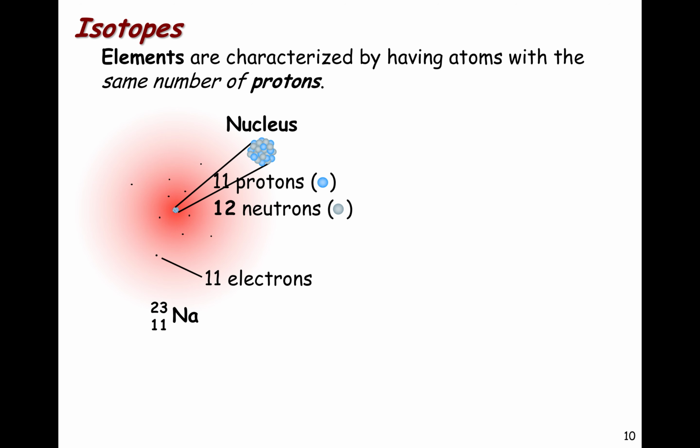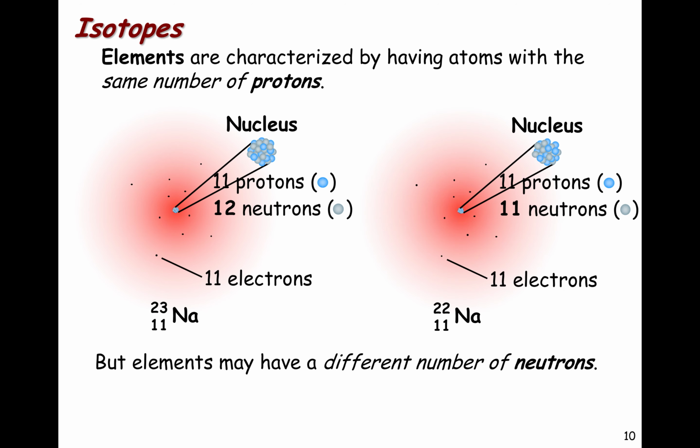In addition to this particular isotope, there is a second isotope for sodium. In this case, there are again 11 protons, but only 11 neutrons in the nucleus. So its overall atomic mass is 22.